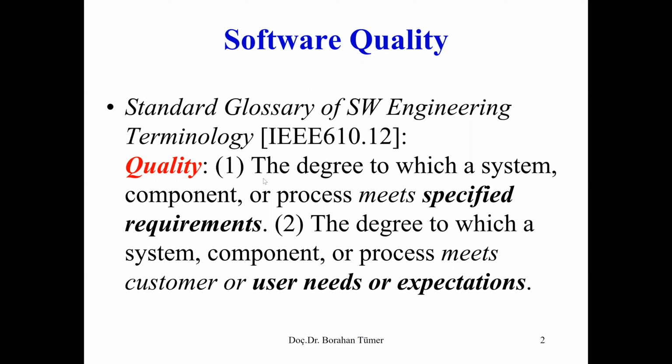The first one is the degree to which a system, component, or process meets specified requirements. So we can also think in a general sense that the software process is included within that definition, because it should meet some specified requirements.